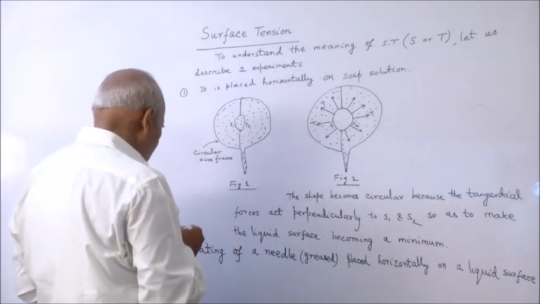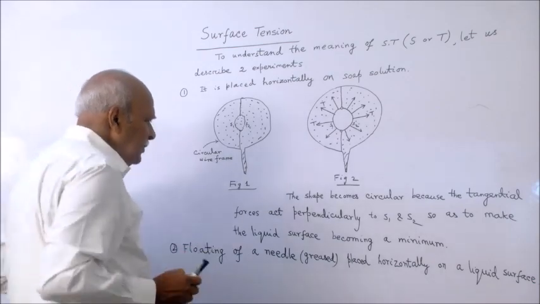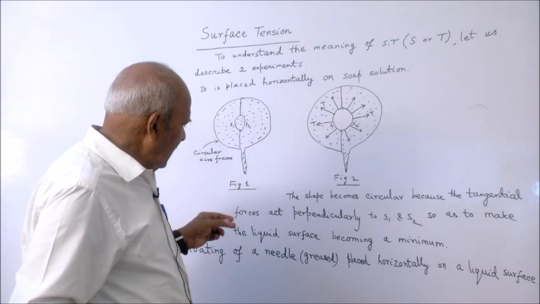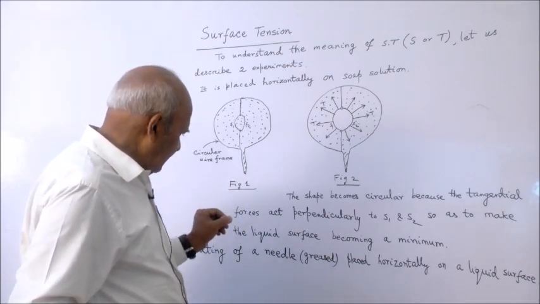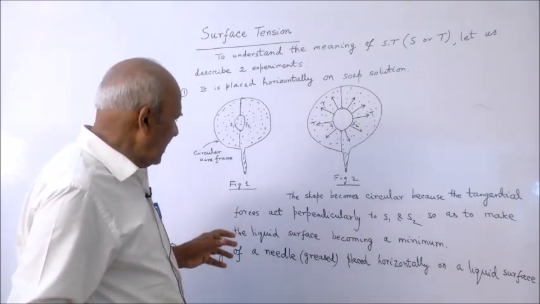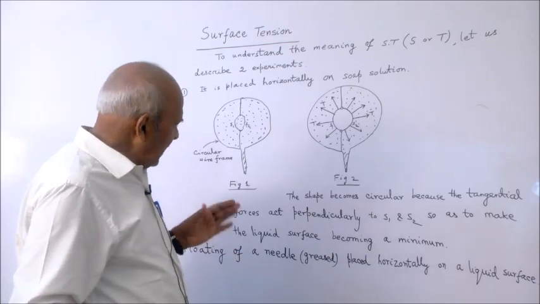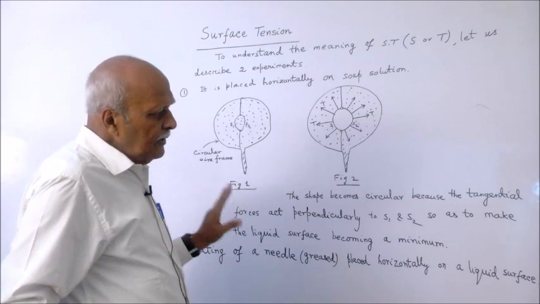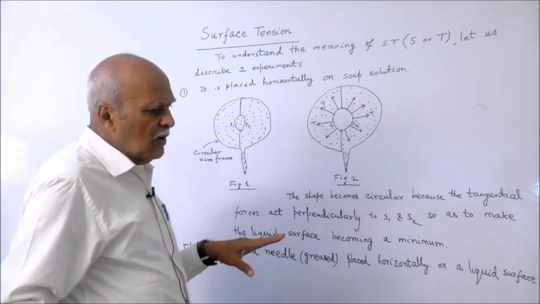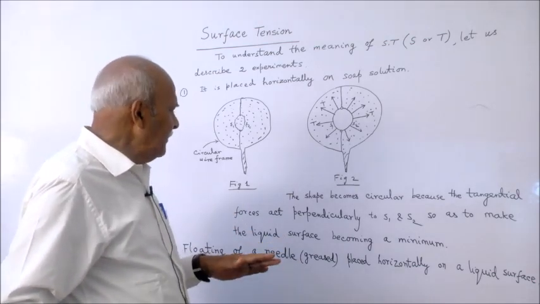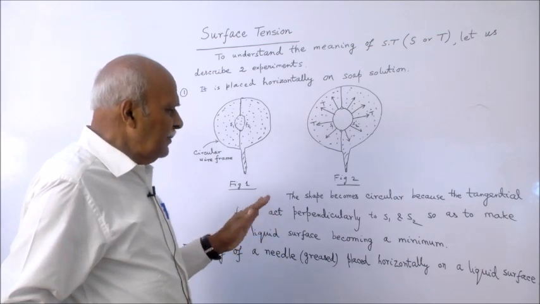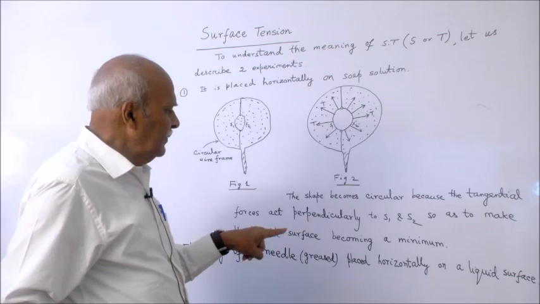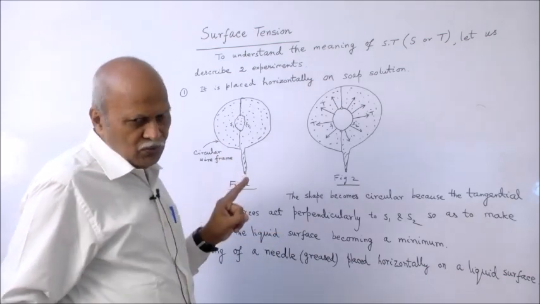To do the experiment, it can be done also. A needle or a very thin iron material or any copper material like that can be taken and placed on a filter paper. The filter paper is placed on the water surface, taken in a beaker, and gradually the filter paper goes down, but the needle is found to float.